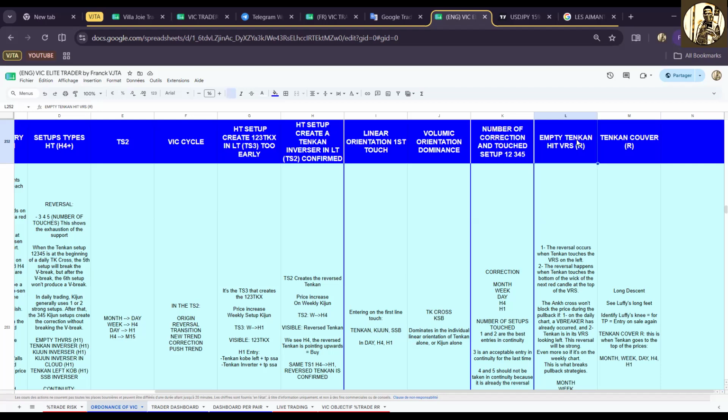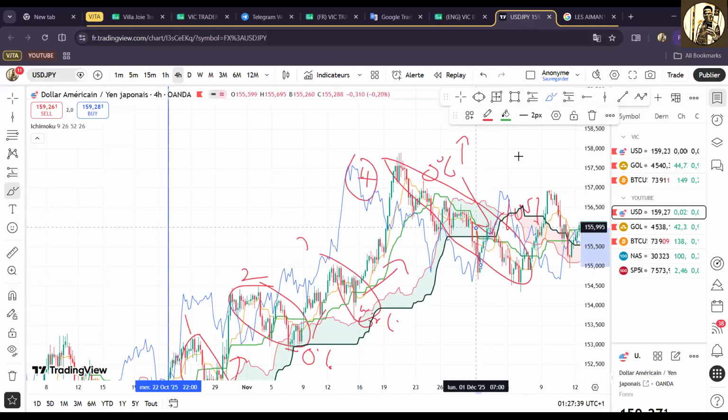Now let's talk about the last two chart blockers. We have the Tenkan inverted, and the Tenkan hitting resistance. So let's go on weekly, for example.